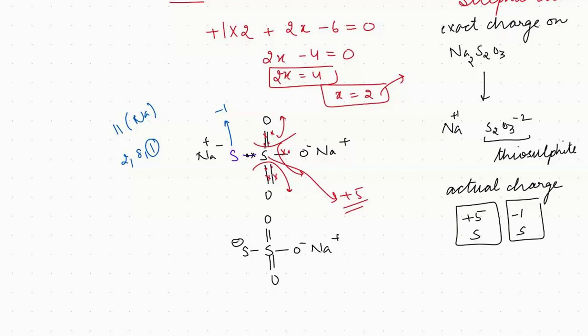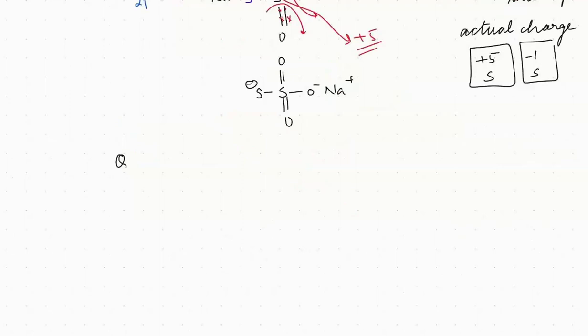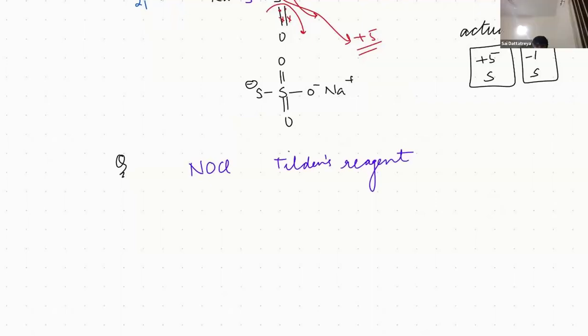Next structure, what do we have? We have NOCl. This is also called Tilden's reagent. You understand? When it breaks down, it forms NO plus and Cl minus.